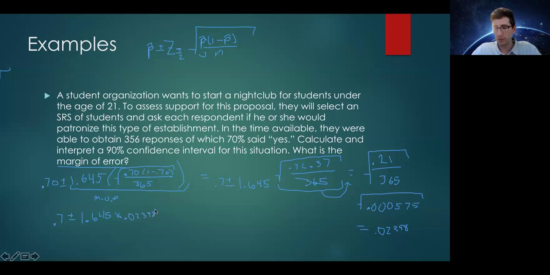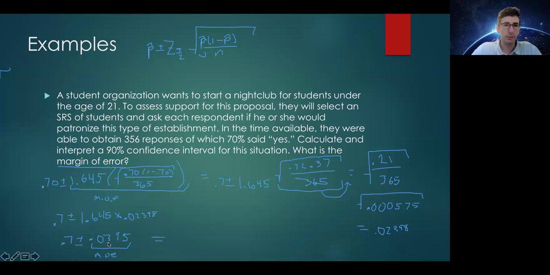You multiply that by 1.645, I get 0.039. We round up. So this 0.0395 is our margin of error.